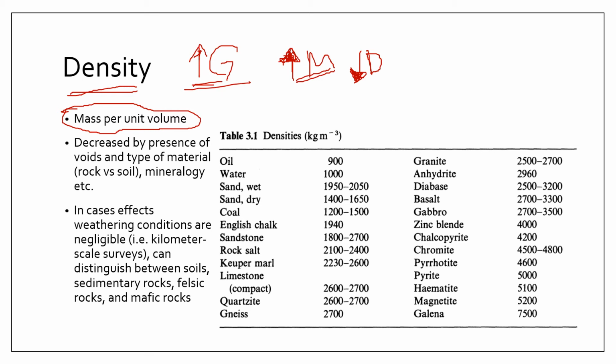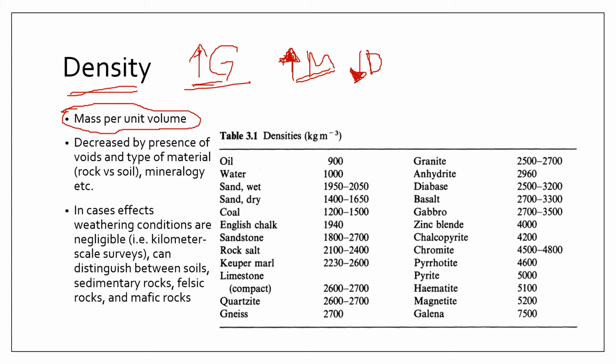Now let's talk about density again. What modifies density are the following: your type of material as well as your mineralogy. And there are other factors that can change your density, for example, weathering. I think we previously talked about the nickel laterite deposits.